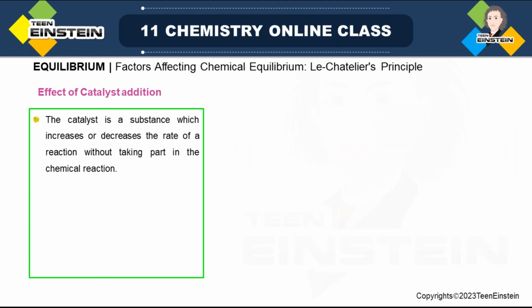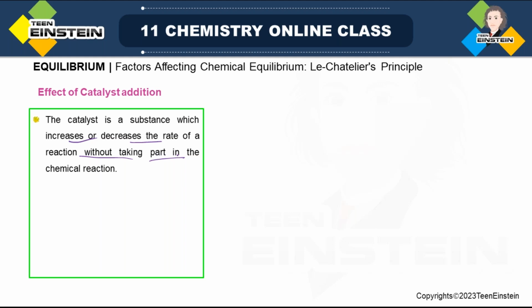Effect of catalyst. Now catalyst, why do we add it? Basically to increase the rate. It has nothing to do with equilibrium. But what is a catalyst? A catalyst is a substance which can increase or decrease the rate of reaction, but the substance itself doesn't take part in the reaction. It will be intact after the reaction is over.